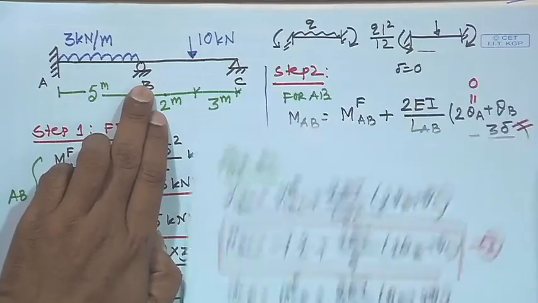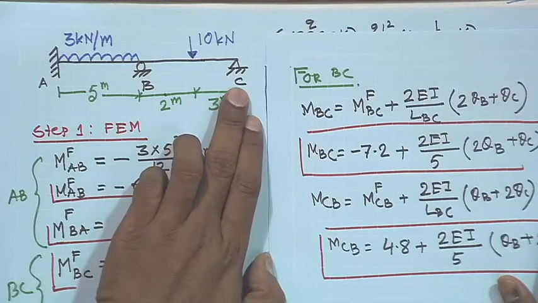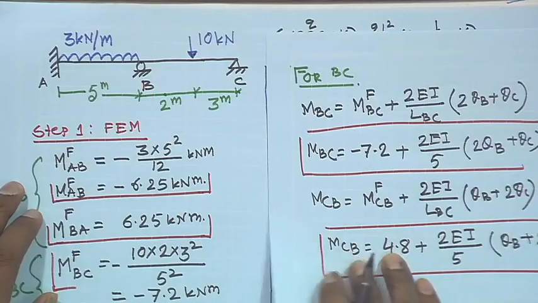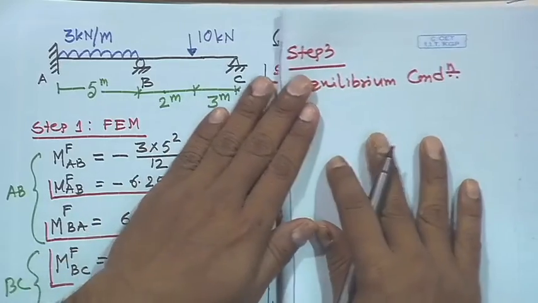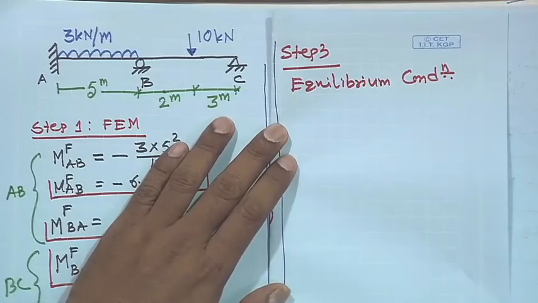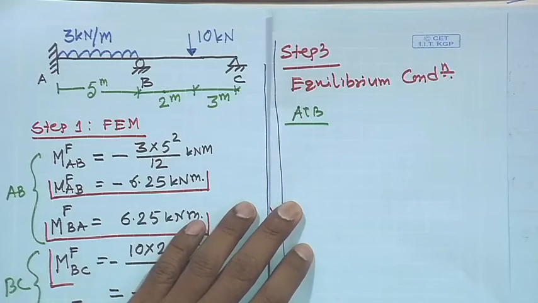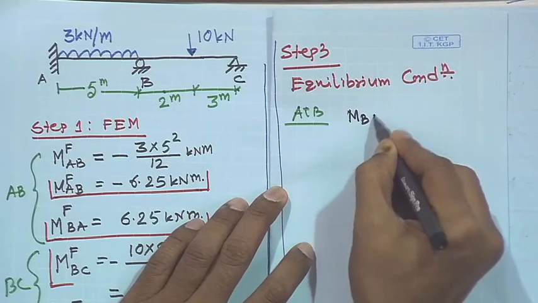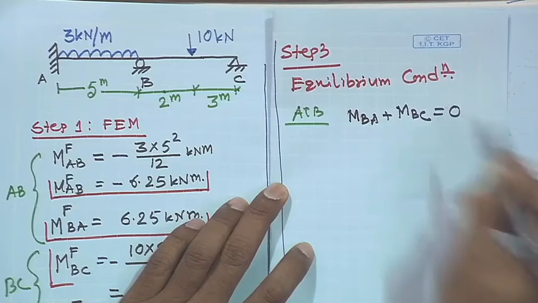Equilibrium condition means we need to apply equilibrium at B, and similarly we need to apply equilibrium at C. What is equilibrium at B? Equilibrium at B will be MBA plus MBC is equal to 0.